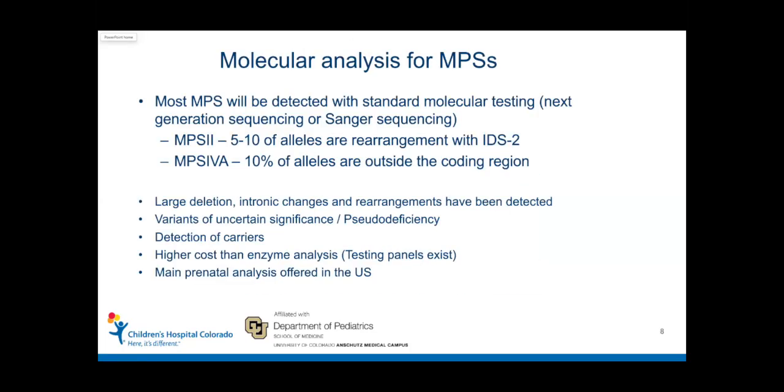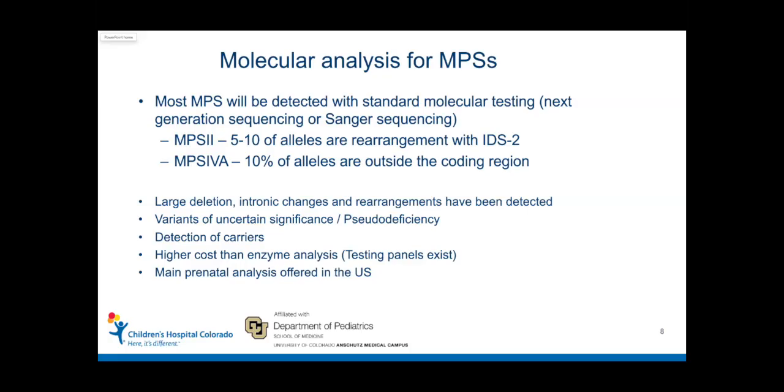So most MPS disorders will, or the pathogenic variants detected will be detected by standard molecular testing, such as next generation sequencing, or depending on where you are in the world, Sanger sequencing. Most of these conditions are related to missense mutations or missense variants that are easily detected by these technologies.